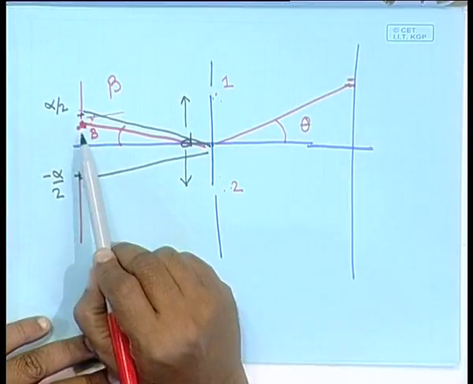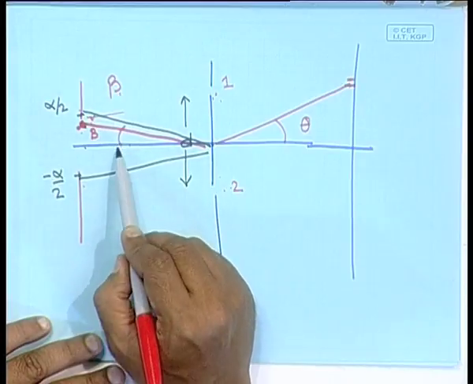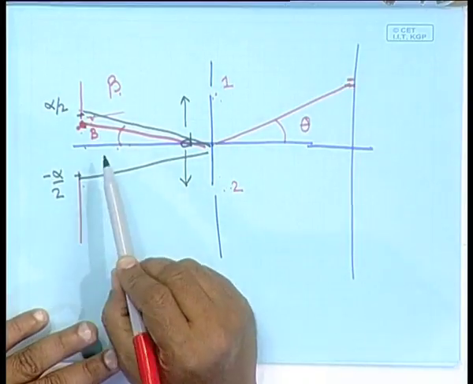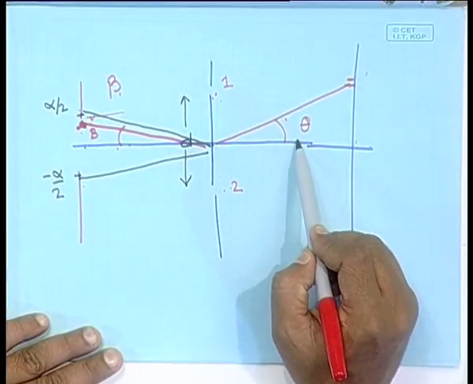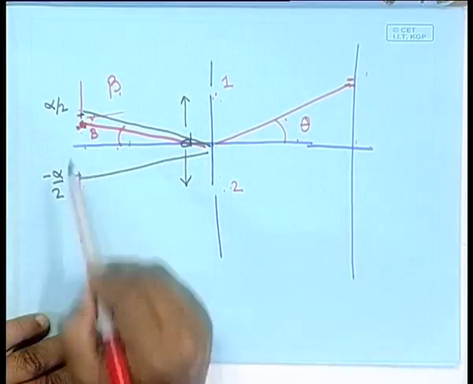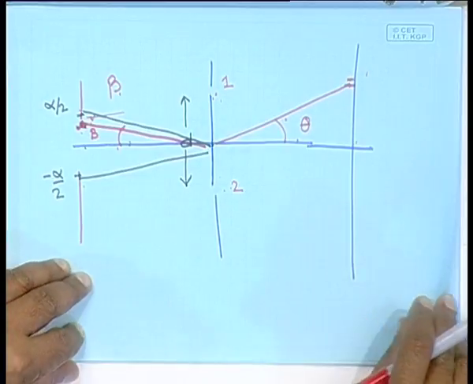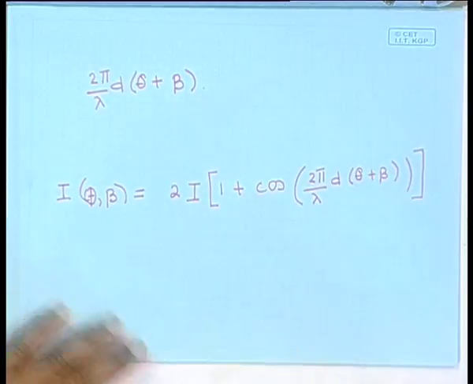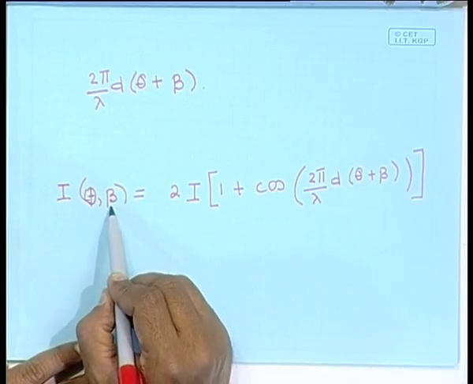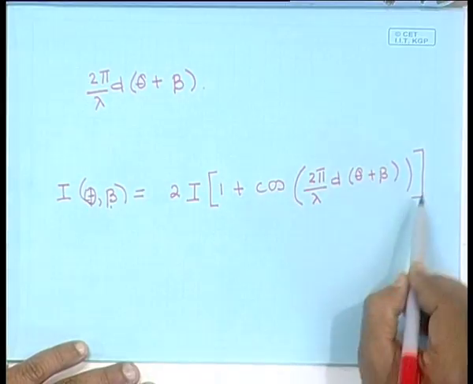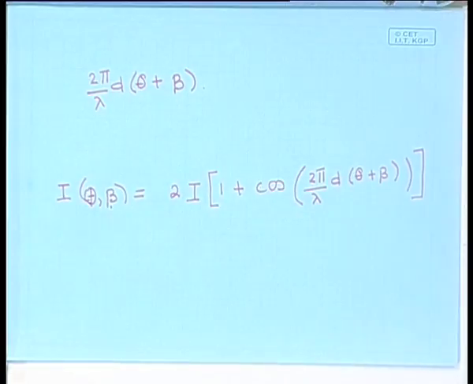The particular point on the extended source is at an angle beta, and we want to calculate the intensity on the screen at an angle theta due to this point at an angle beta on the source. And we just did the calculation. This intensity on the screen at an angle theta due to a source at an angle beta is given by the expression over here, provided theta and beta are small.